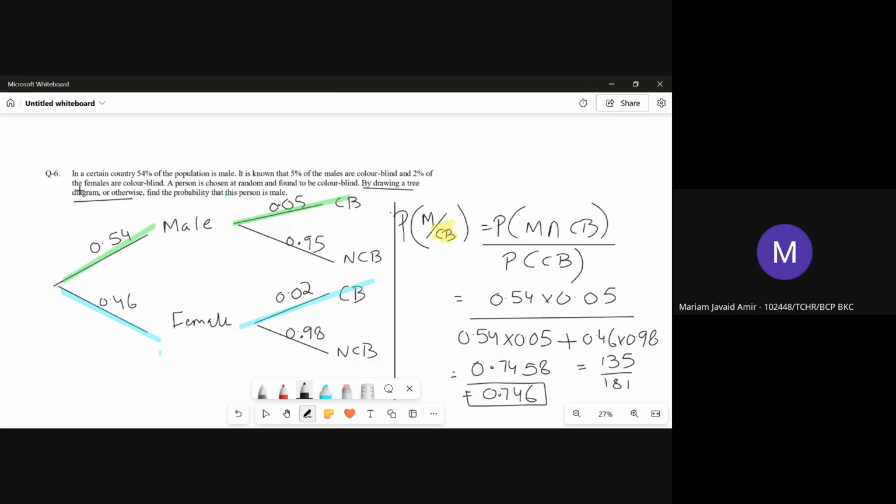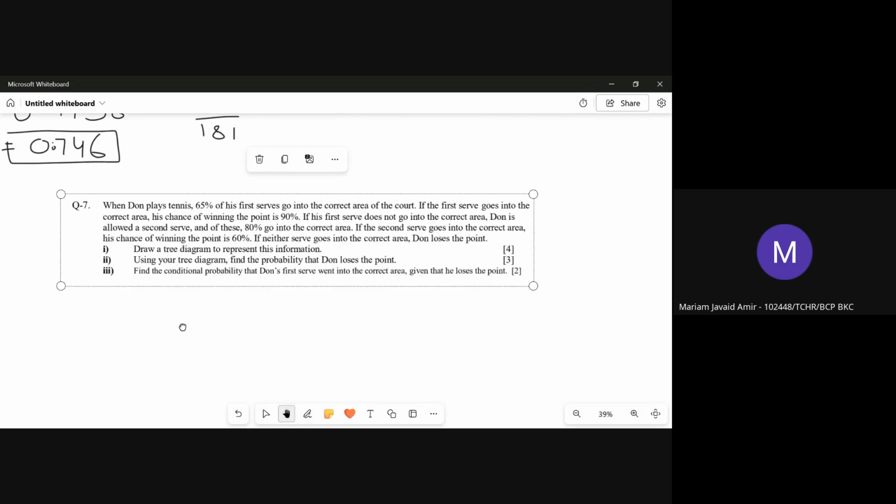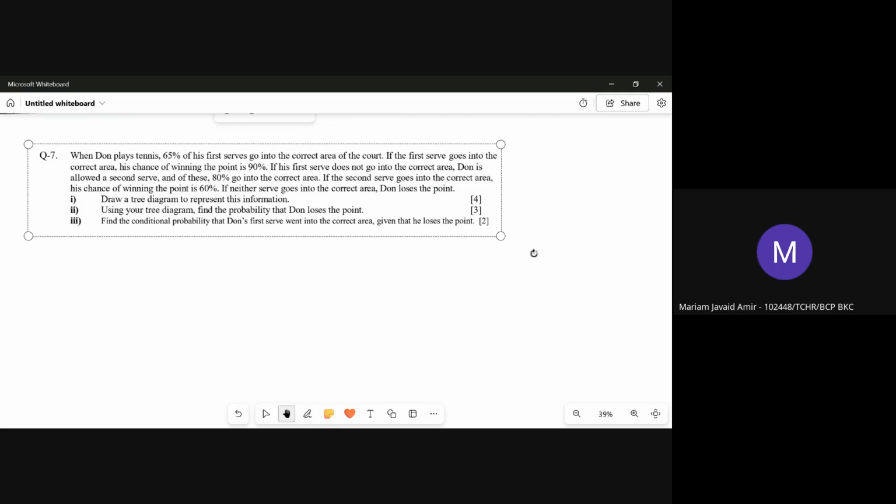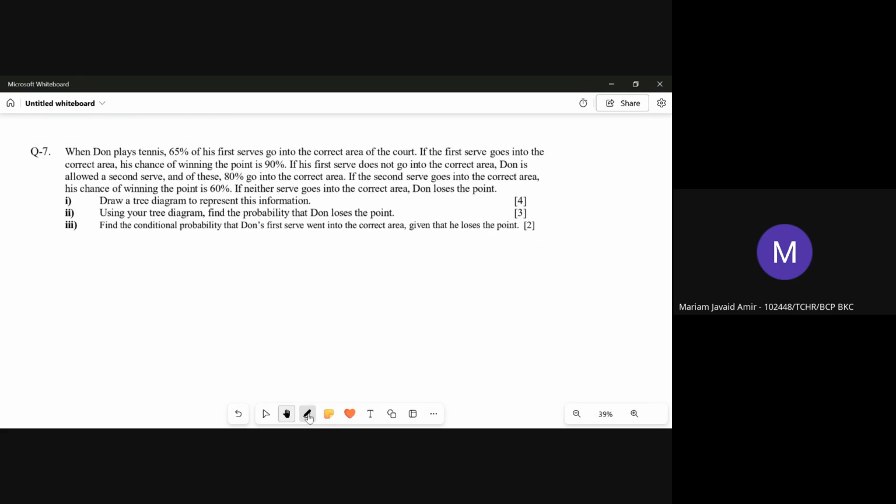Question 7. When Don plays tennis, 65% of his first serves go into the correct area of the court. I think this is also a question on tree diagram. Draw a tree diagram.